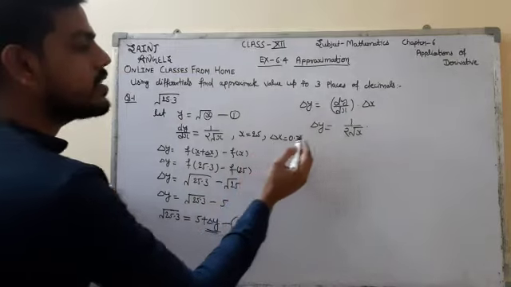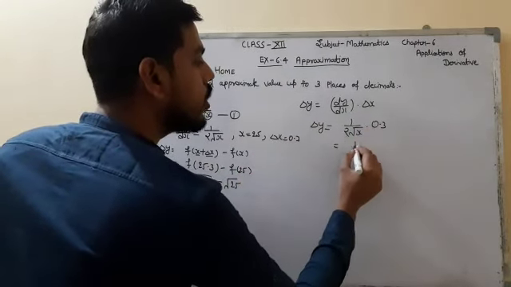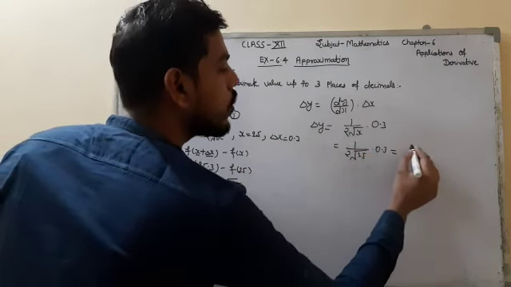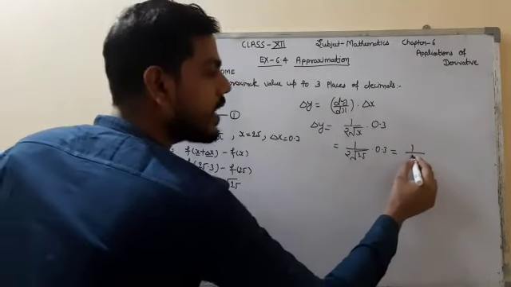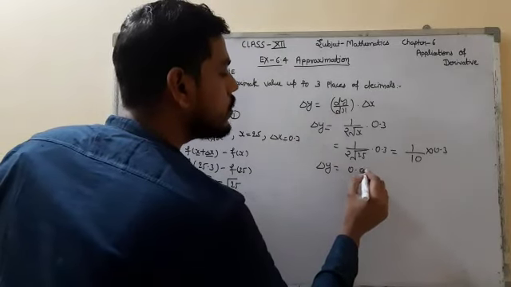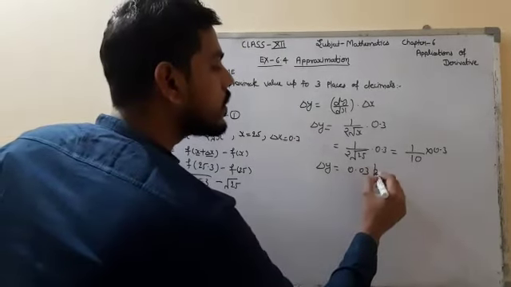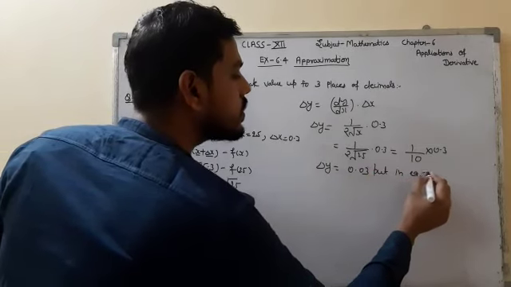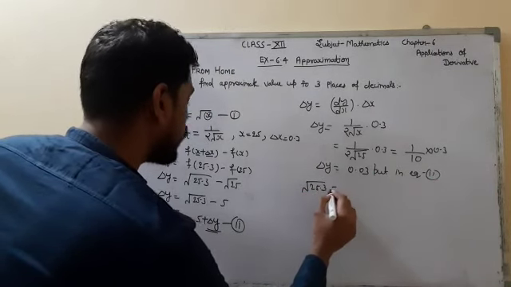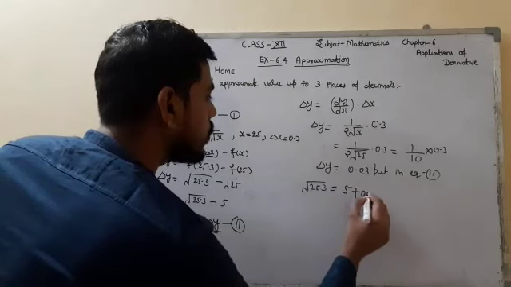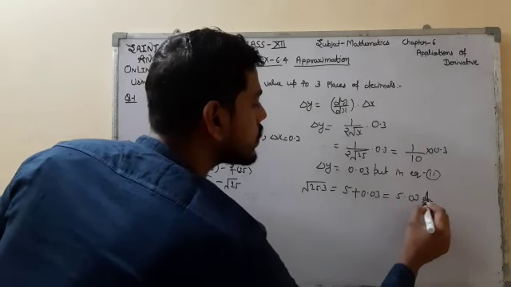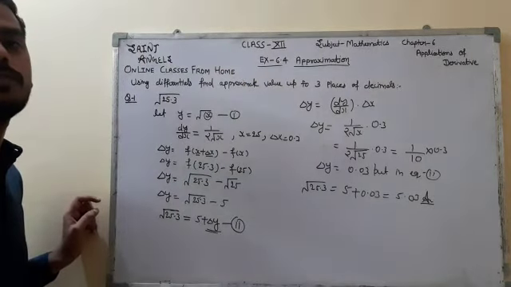The value of delta x is 0.3, and root x means root 25, which is 5. So it equals 1 upon 10 into 0.3, so delta y would be 0.03. Now put it in equation 2. So the value of root 25.3 would be 5 plus 0.03, which is 5.03. That is the answer. Please note it down and pause the video.